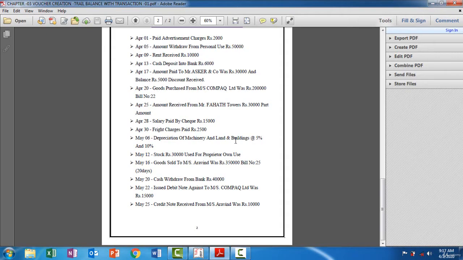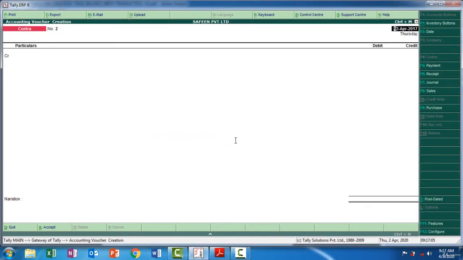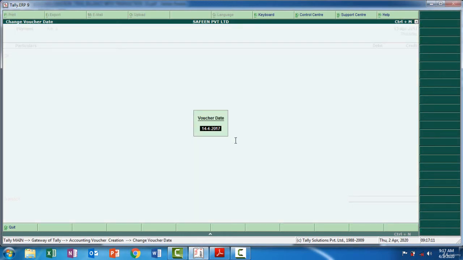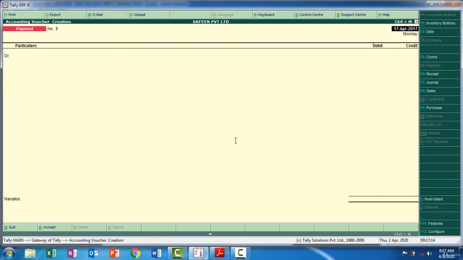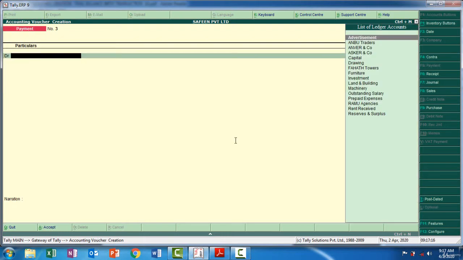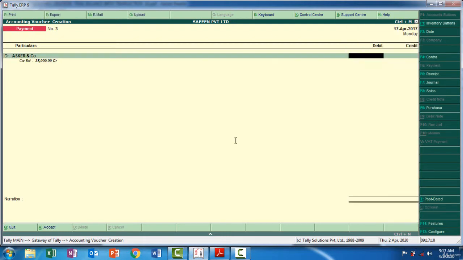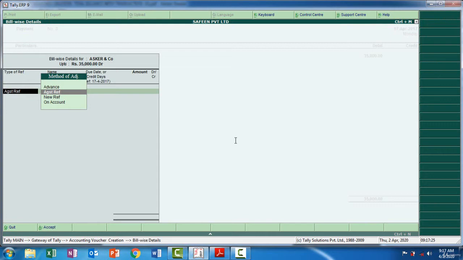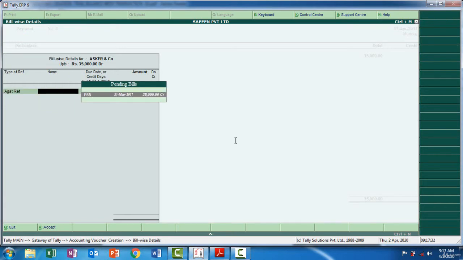So how can we enter into the Tally program? I'm going to choose the payment voucher and change the date first, 17/4. The debit is Asker Co Company, 35,000. It is against the reference. We already have a bill number, so I'm going to put that against reference F55.